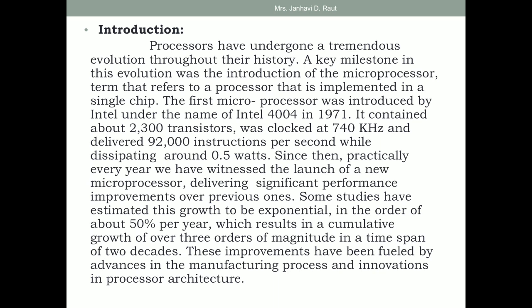Since then, practically every year we have witnessed the launch of new microprocessors delivering significant performance improvements over previous ones. Some studies have estimated this growth to be exponential, in the order of about 50% per year, which results in a cumulative growth of over 3 orders of magnitude in a time span of 2 decades. This improvement has been fueled by advances in the manufacturing process and innovation in processor architecture.